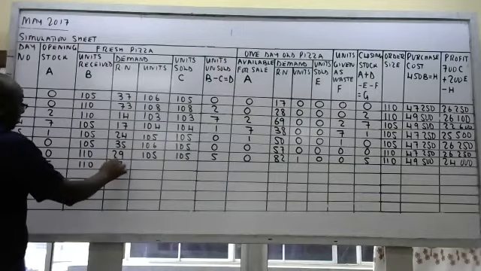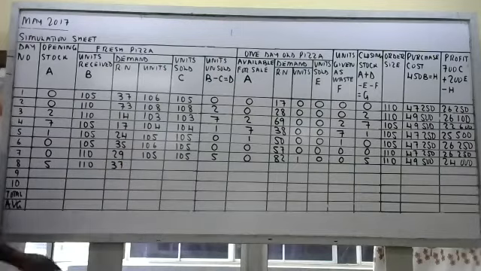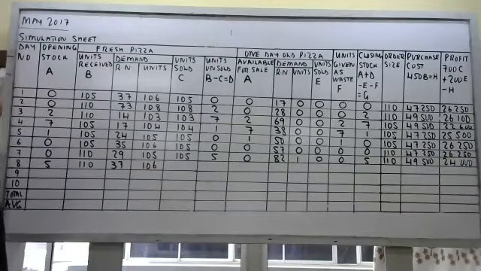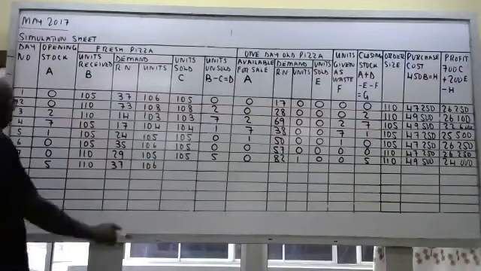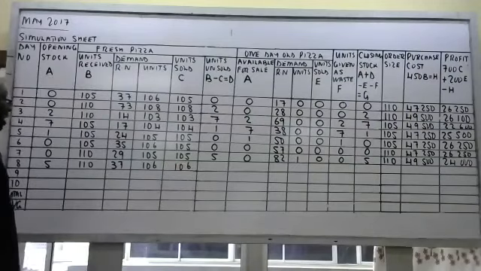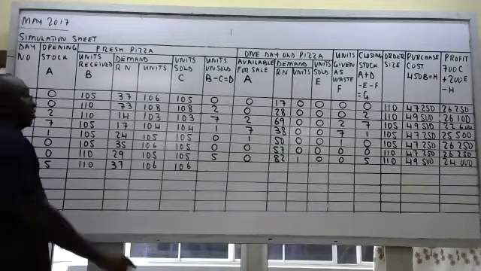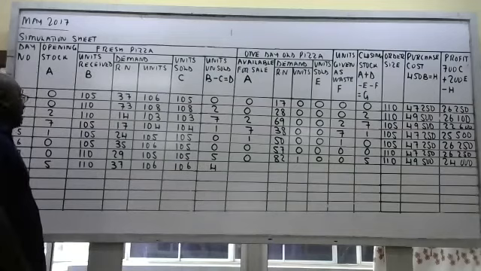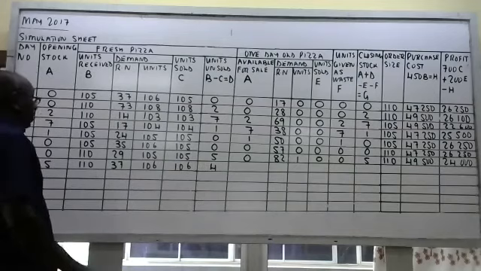That gives us a demand of 106. And therefore, how many do we sell? 106. How many remain unsold? 4. And anything available for sale? 5.